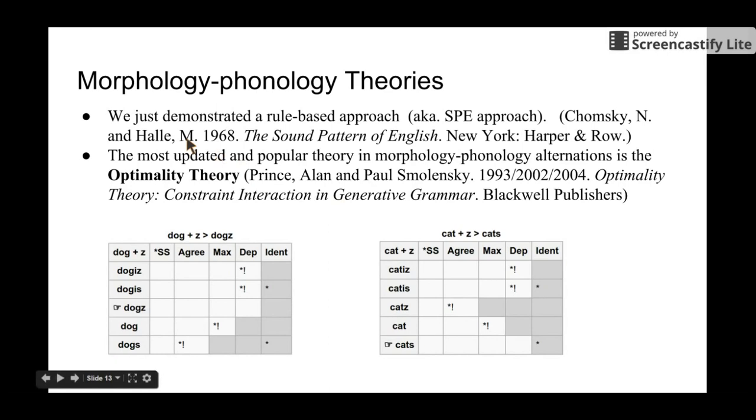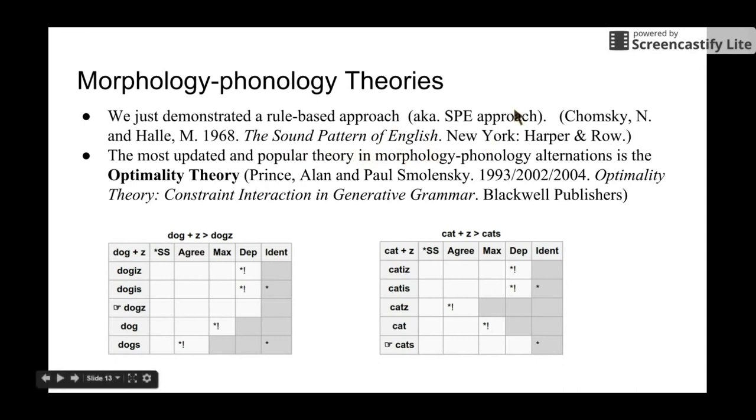Okay, we just showed a rule-based approach to do the allomorph analysis. This rule-based approach is also known as the SPE approach. SPE stands for The Sound Pattern of English.